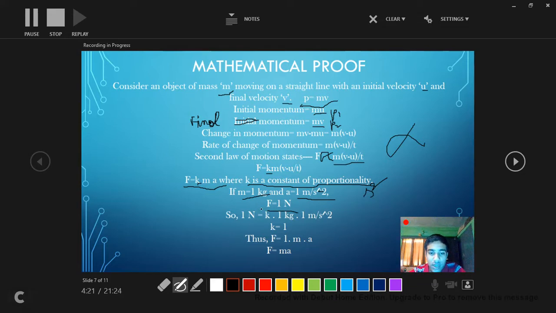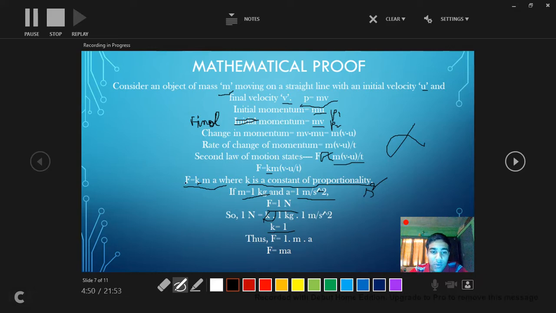1 Newton force is equal to k into 1 kg into 1 meter per second square. So 1 Newton is 1 kilogram into 1 meter per second square. Both sides are 1, so k is equal to 1.